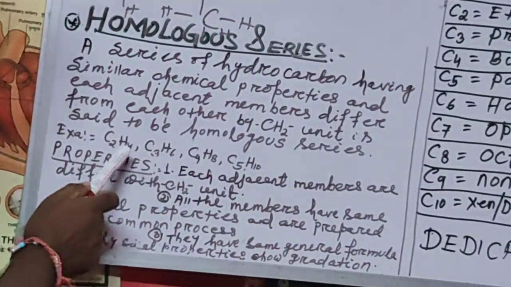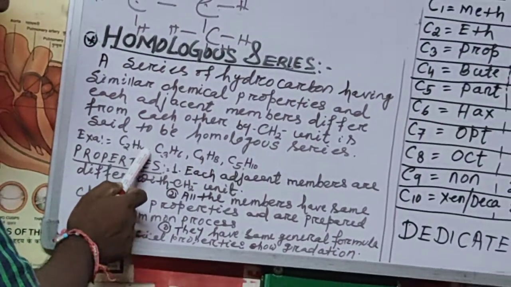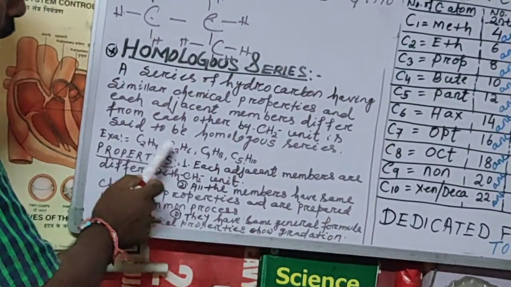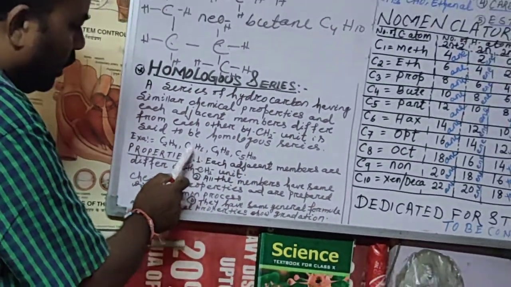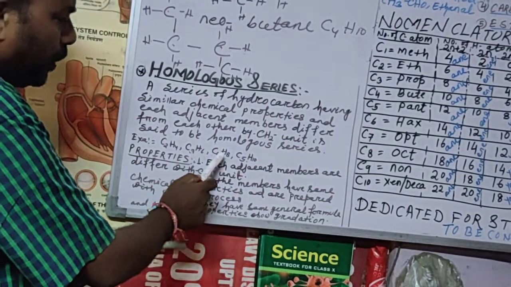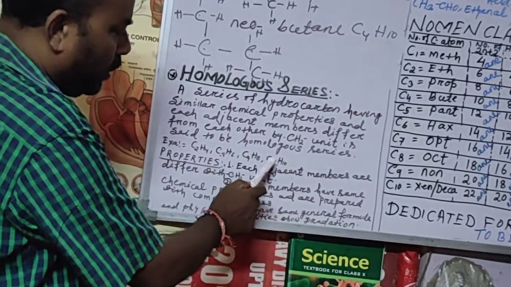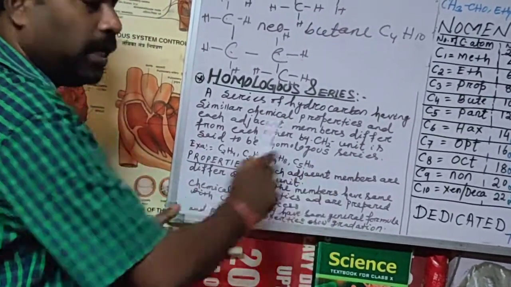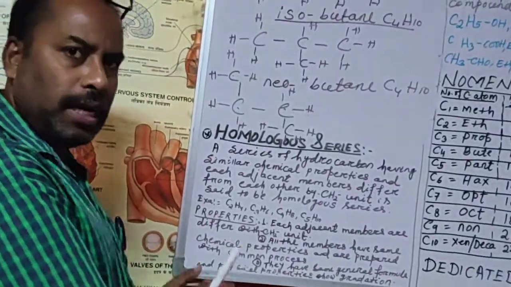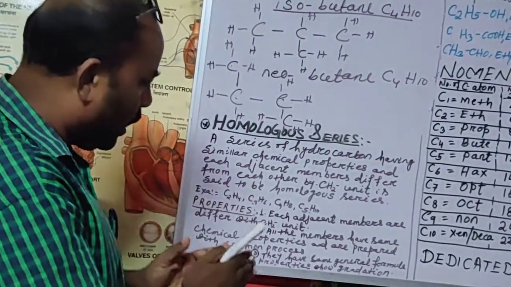That means the H is coming as 2n, CnH2n. This is C3H6, CnH2n; C4H8, CnH2n; C5H10, CnH2n. The same general formula, and their physical properties show gradation.